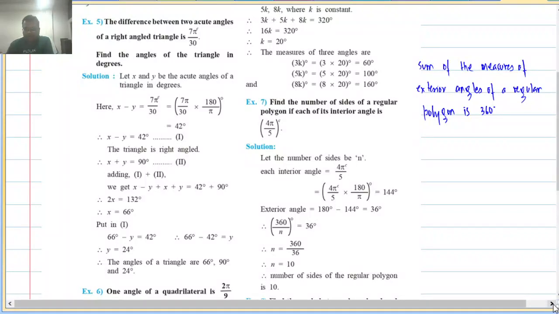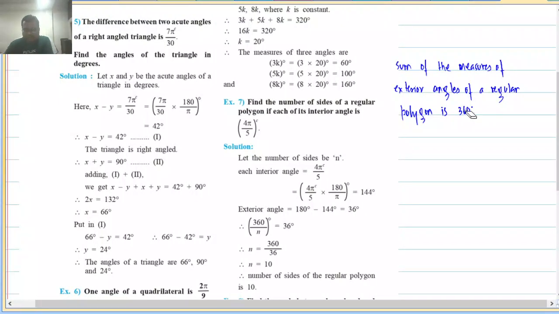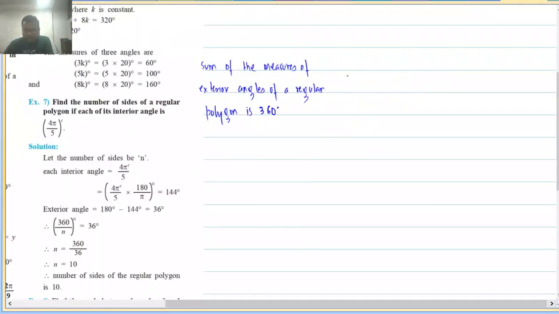What do you mean by regular polygon? Regular polygon means all sides are equal.